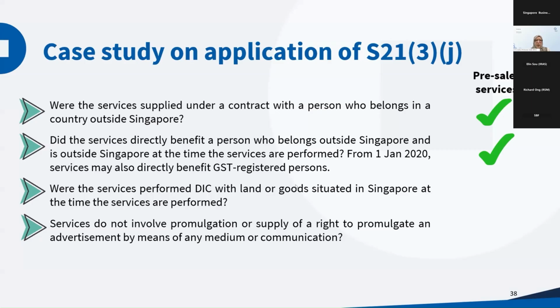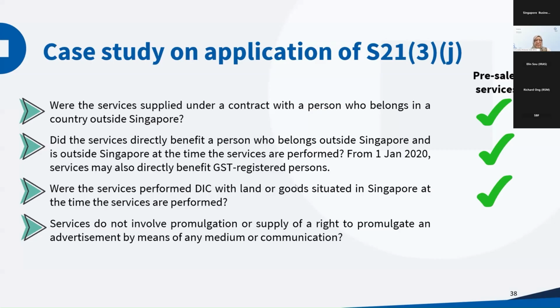The third condition: were the services performed directly in connection with goods or land situated in Singapore at the time the services are performed? For Cybersite, although they might use Security's hardware to do the product demonstration, the hardware is considered a tool to deliver the service.